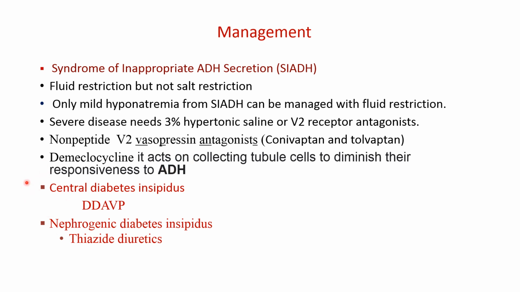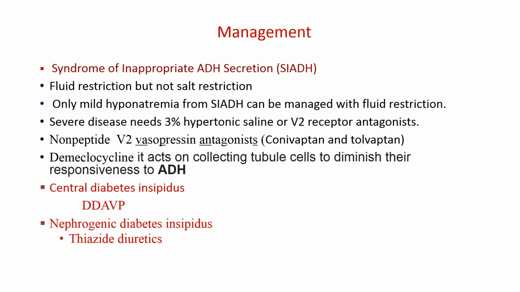In case of central diabetes, you give desmopressin, DDAVP. It's an ADH agonist or analog, so you will help them out. In nephrogenic diabetes insipidus, this will not work, so sometimes you want to give them a diuretic, like a thiazide diuretic. The pharmacology people will teach you better, and they know better than I do about all of this business.